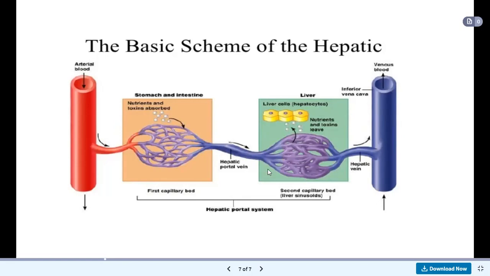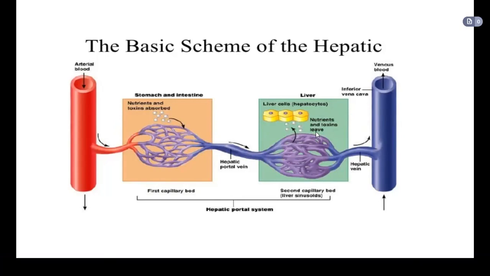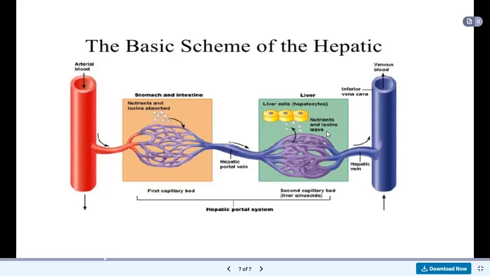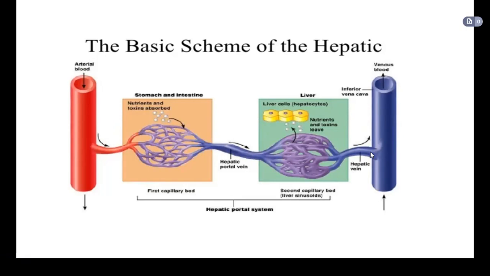And then this liver takes the nutrients, metabolizes them, and if there are any toxins, they are detoxified, and then the used blood now enters the hepatic vein, which goes to the inferior vena cava.